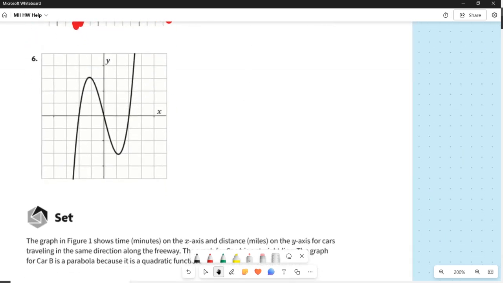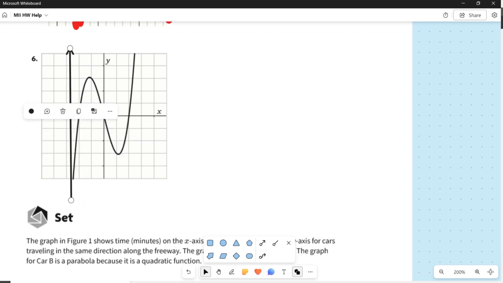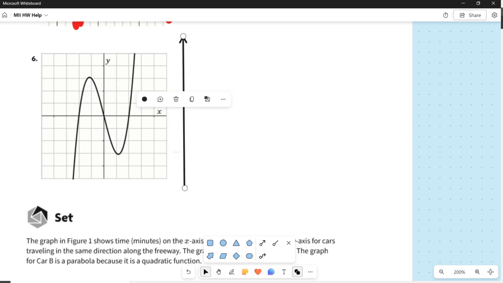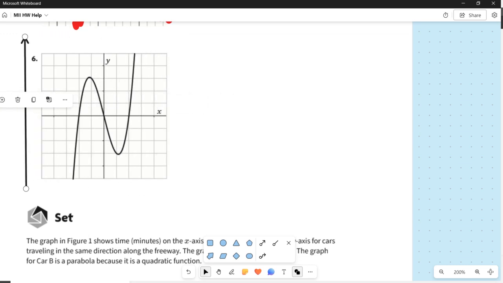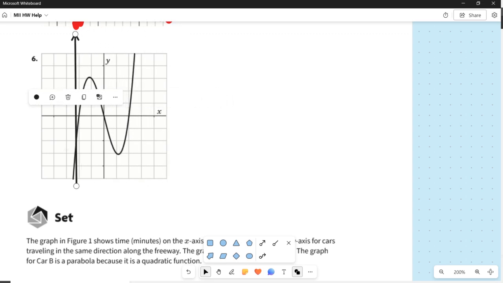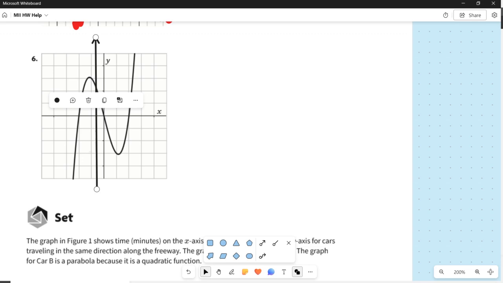Question 6, again, we have a graph. I'm going to get whatever it is that I'm using as my vertical line. If you're doing this by hand, you could just use your pencil, pen, erasable pen, because it's math. And you can see here that as I take my vertical line and span this graph, I am not seeing any instances where this vertical line intercepts this graph more than once.